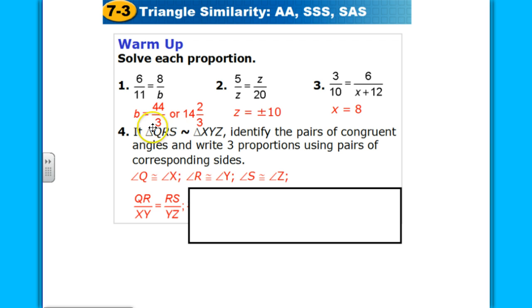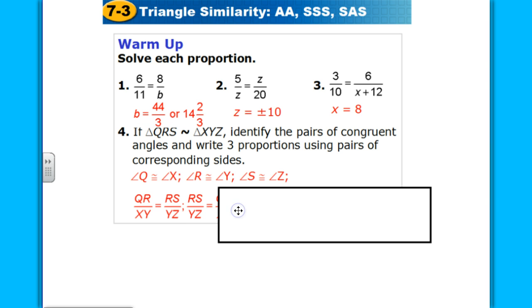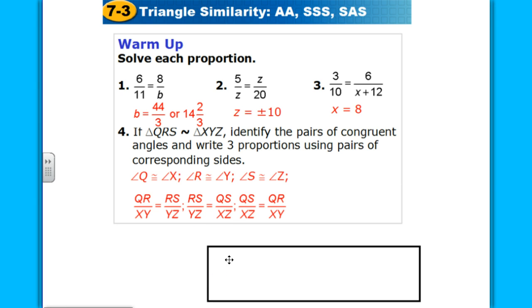And then you could say SQ or QS is proportional to, what did they say? Oh, they gave all the 3 individual proportional statements. So the first side named QR to XY would be proportional to RS to YZ, and proportional to the third side, which is QS and XZ. So you could write them just as 3 equivalent ratios, okay?